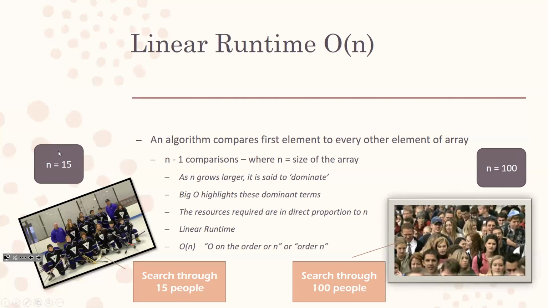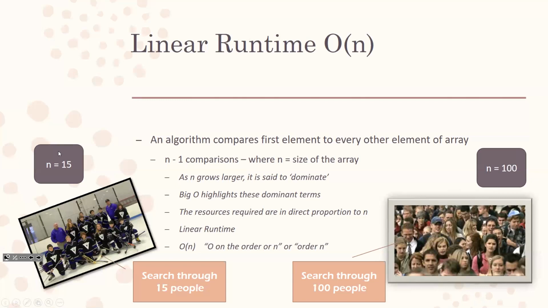Now, some important things about Big O terminology here. As n grows larger, our number of things, it is said to dominate. It becomes dominant in our expected runtime because the more things we have, the longer it's going to take to run. So the Big O theory highlights these dominant terms.